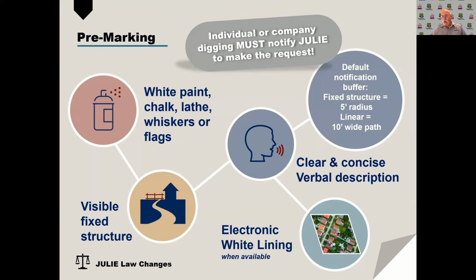So physical is, of course, always the best. Everybody can see it and understand it. Electronic and white lining will be the same whenever that comes out. You can see it on the ticket, so you'll always have that documentation with you. If you are going to verbalize it, please be clear and concise and provide a distance and direction from the start to the stop. So that helps everybody get their job done, get on down the road, and help somebody else out. So thanks, Brian.